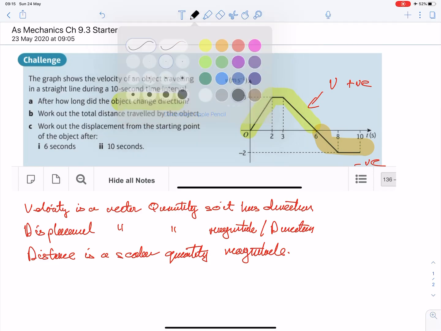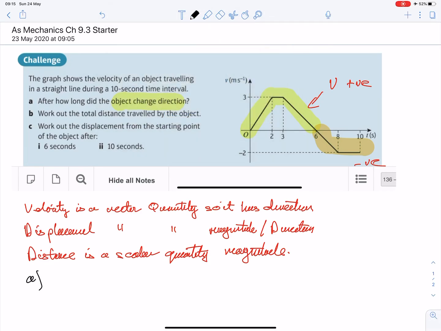So part A, it changes direction at t equals 6. So up till then it's been moving away, and then after then it moves back in the direction it started, back towards the origin, if you like.